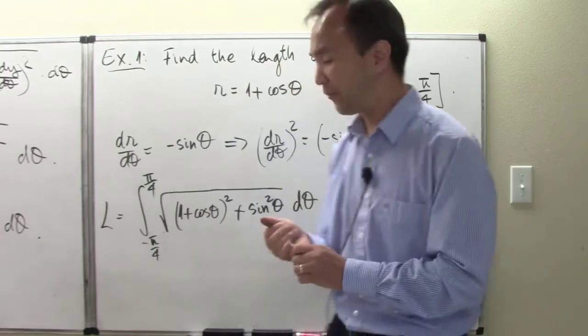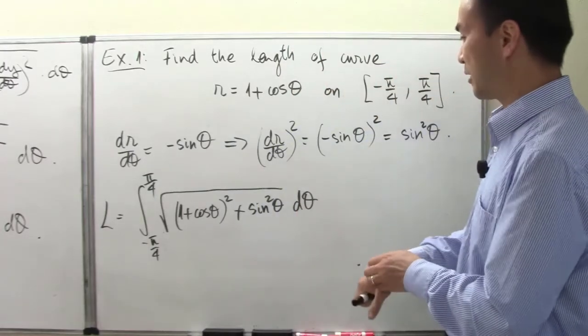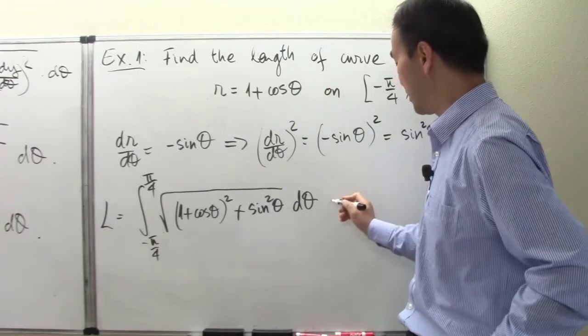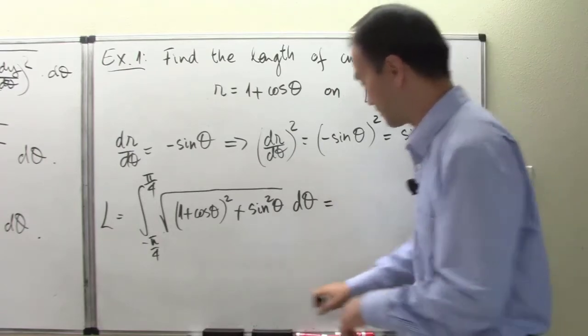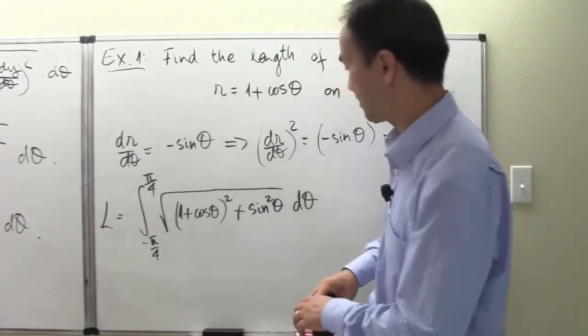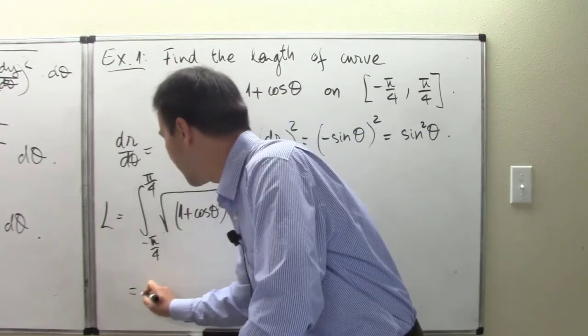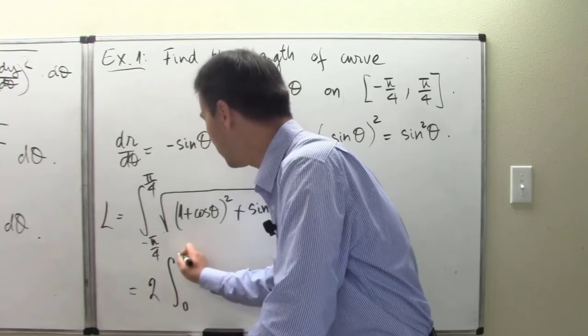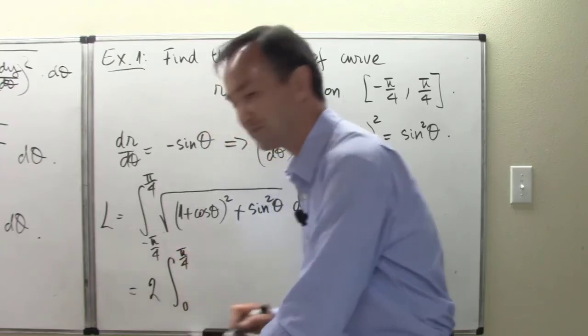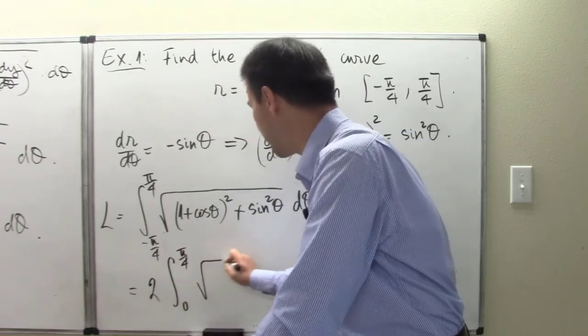And so before I rush into using the fundamental theorem of calculus, I am going to write this in my next line below right here. It's a 2 times an integral from 0 to pi over 4. Okay, and then the square root here.